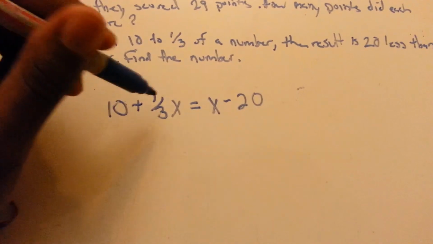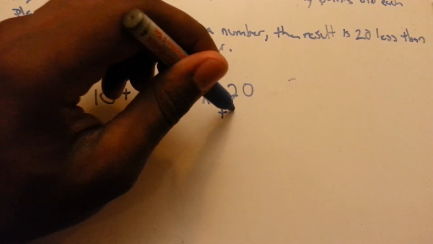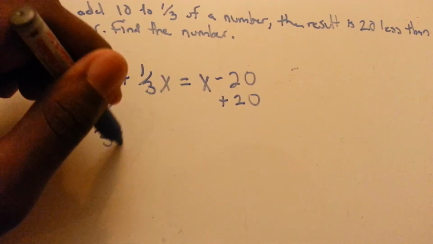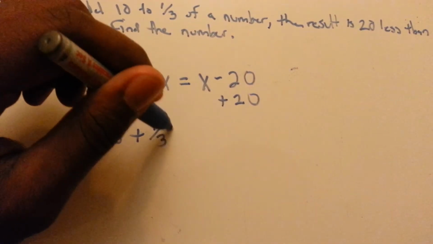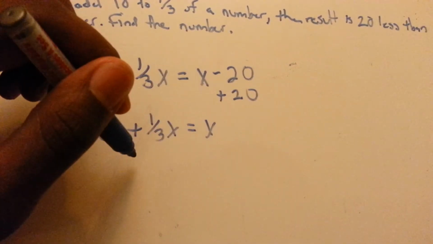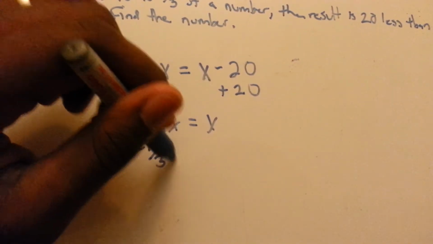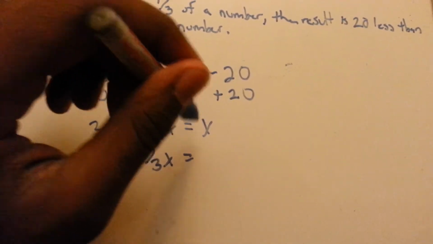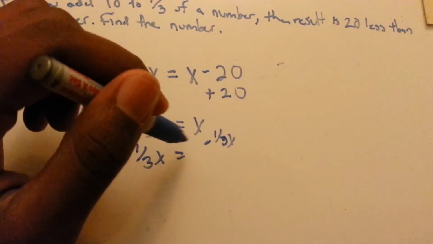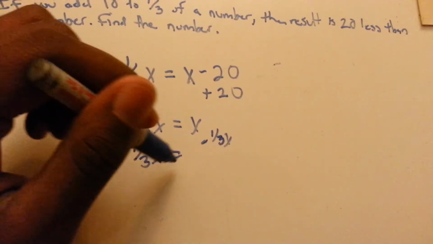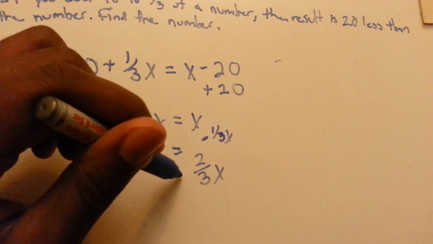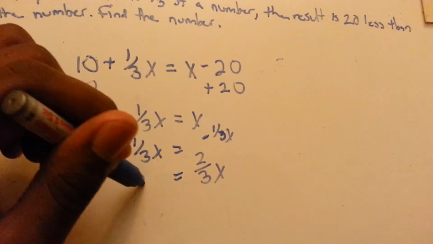And then just solve for x. Plus 20, plus 20 comes out to 30 plus 1/3 x equals x. Get all the x's together, subtract 1/3 x from both sides. x minus 1/3 x is 2/3 x equals 30.